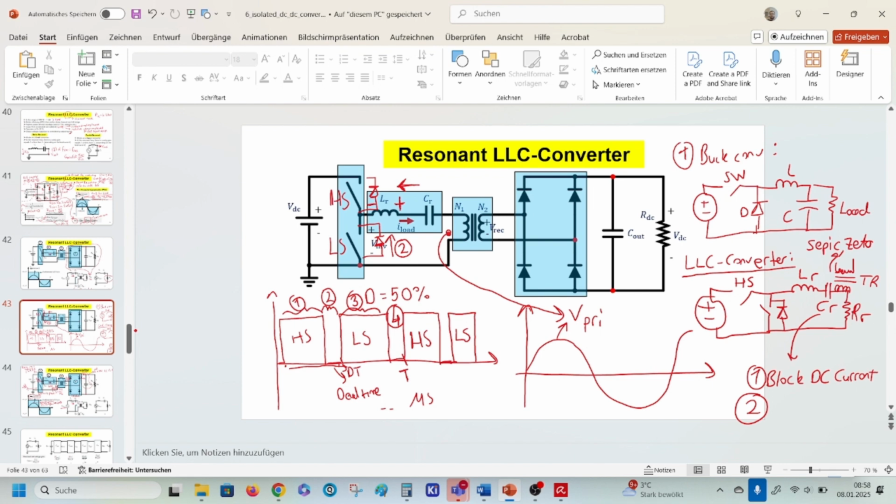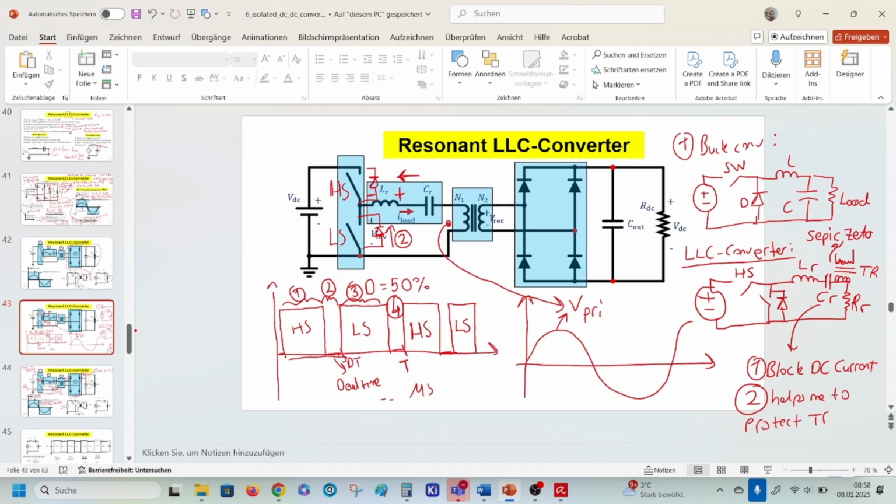And if I don't use a series cap here, it would saturate my transformer. That means using this cap helps me to protect the transformer from what?